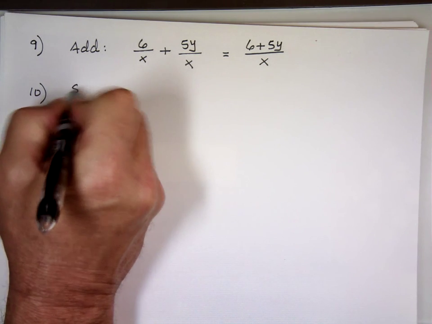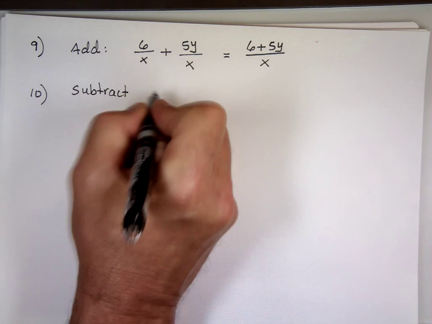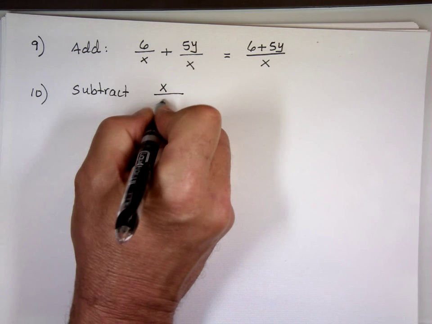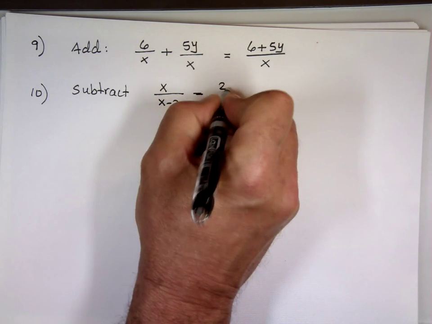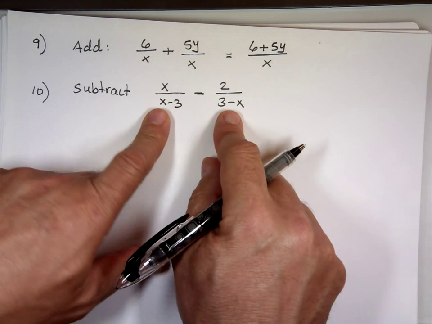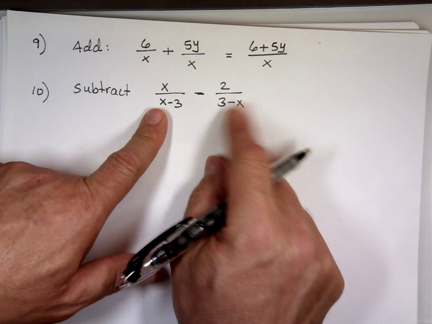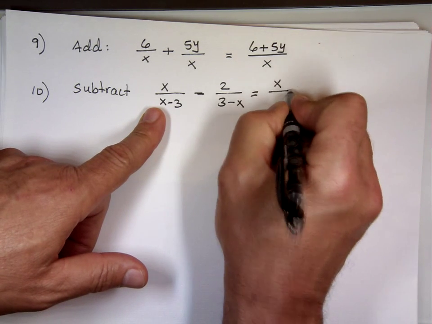Subtract x over x minus 3 minus 2 over 3 minus x. Notice these two are not exactly the same, but they're kind of backward. So if you remember, we said there's a quick fix to that.